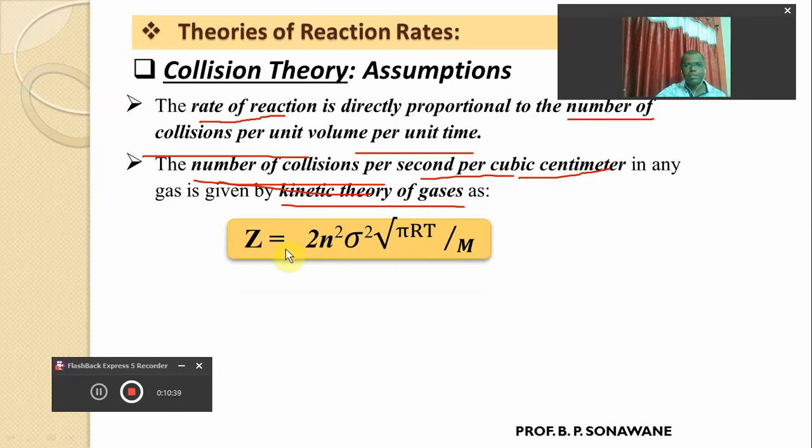It is simply given as Z is equal to 2 into n square into sigma square into under root of pi R T divided by capital M.